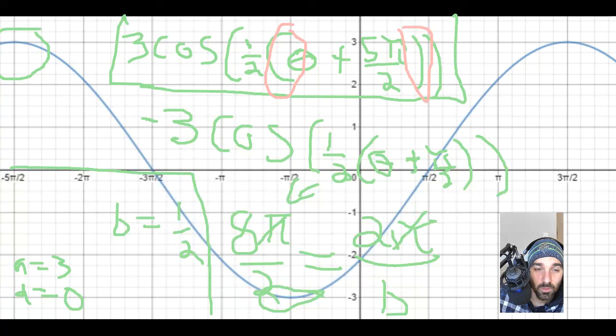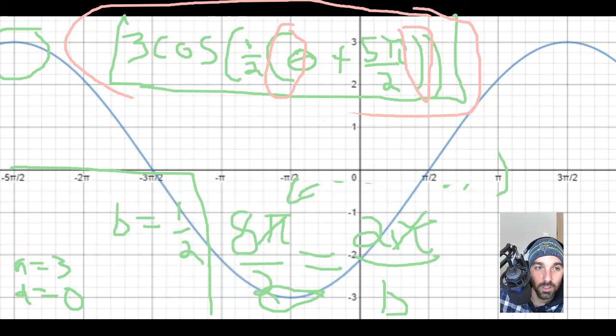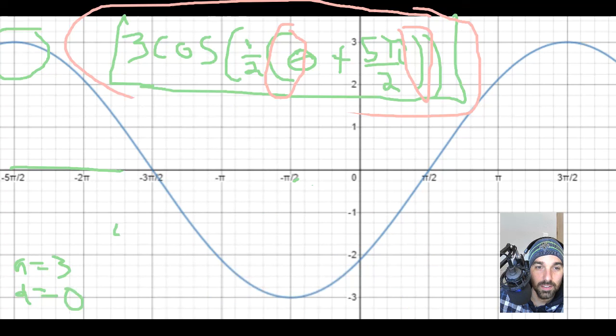Okay, so taking a look at this top one, if I didn't have it factored out, what happens? This is what it would look like. If I didn't have that factored out, it would be 3 cosine of 1/2 theta, and then I'd take half of that, so then it would be plus 5 pi over 4.